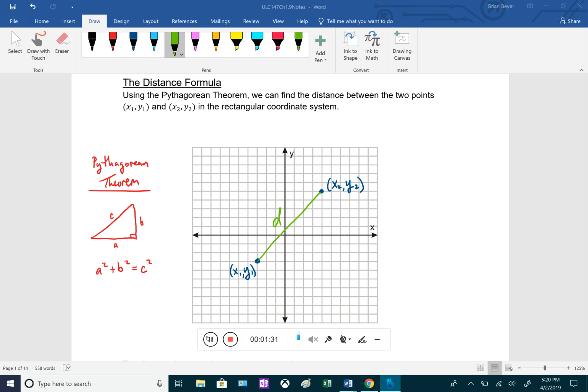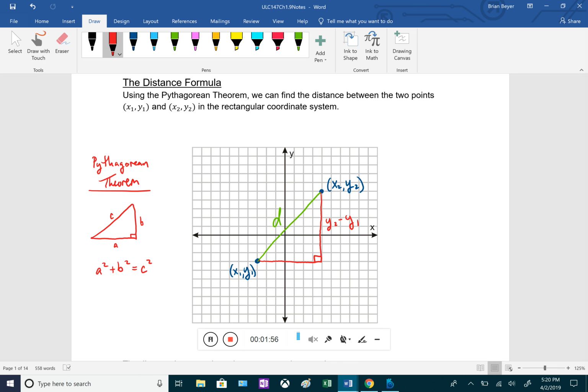So we're going to do this using the Pythagorean theorem. We can create a right triangle and have it look like this, where this would be the right angle. And for that vertical line that we drew, the distance is the difference in their y coordinates, so this would be y2 minus y1.